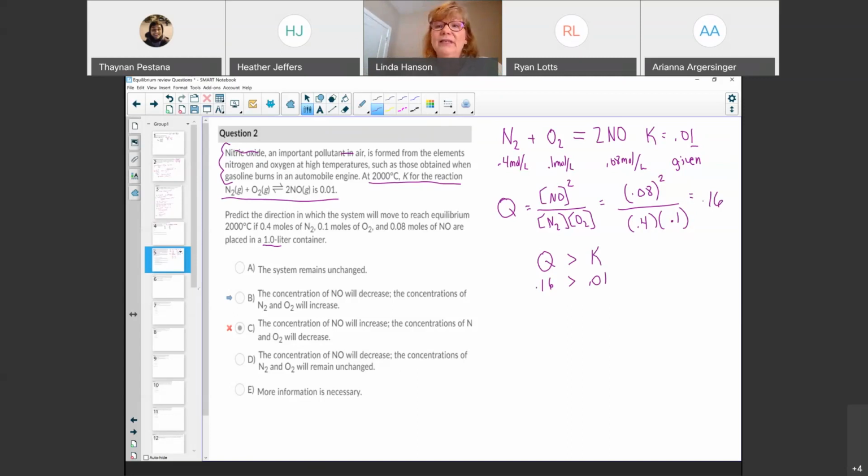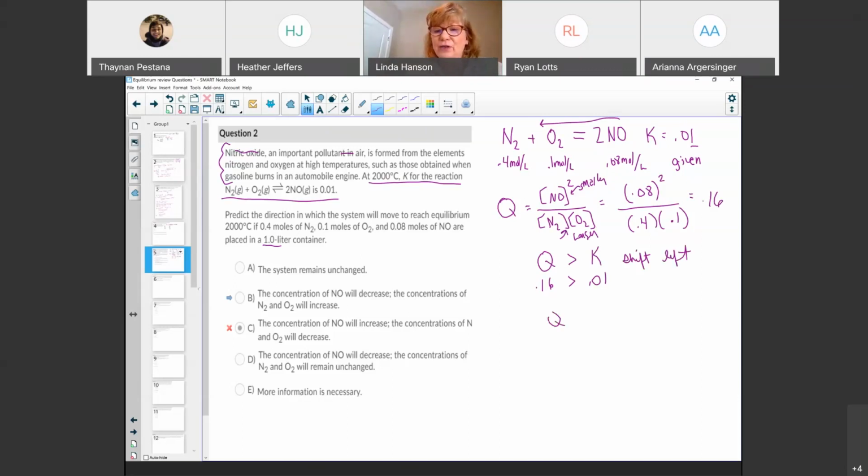Well, it's going to be to make the concentration of the product smaller, and we want the concentrations of the reactants to get larger so that quotient becomes a smaller number. To consume the product and make more reactant, we know that the equilibrium has to be shifting to the left. So when Q is too big, you know it will shift left.